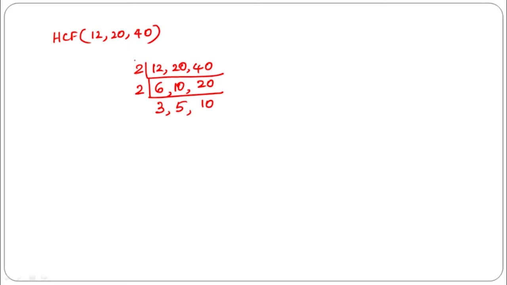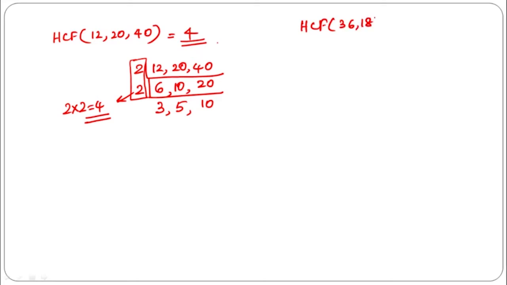While finding the HCF, you have to stop at this point, and the HCF that you are looking for is nothing but 2 multiplied by 2, that is equal to 4. So, the HCF of 12, 20 and 40 is 4. The HCF will be the product of the divisors. In this case, it will be 2 multiplied by 2, which is equal to 4.